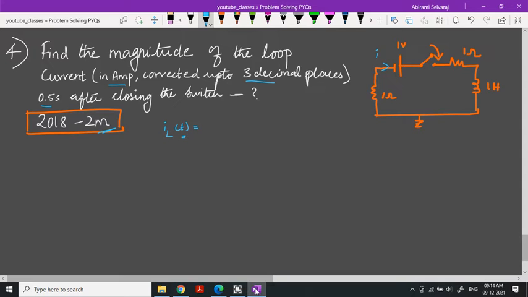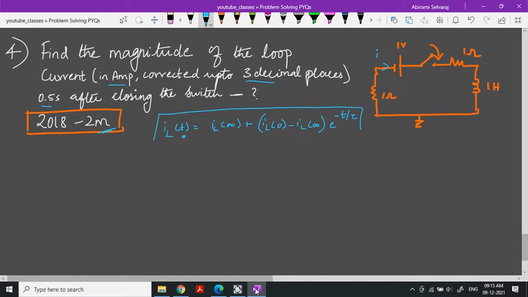If you replace t with any other instant, that's that particular instant. So iL(t) = iL(∞) + [iL(0) − iL(∞)] e^(−t/τ), where τ will be L/R. We'll find that at last. This is our base equation.